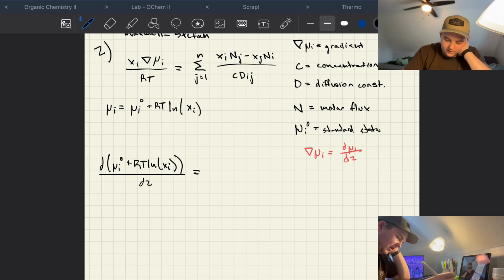And then we're going to have to take the derivative of the top. So a derivative of a constant is 0, so that's going to be 0. Derivative of RT will stay just RT. And then taking the derivative of a natural log puts it over in the denominator of a fraction. So we're going to have 1 over x_i, and then we're going to have to keep our d x_i over dz.